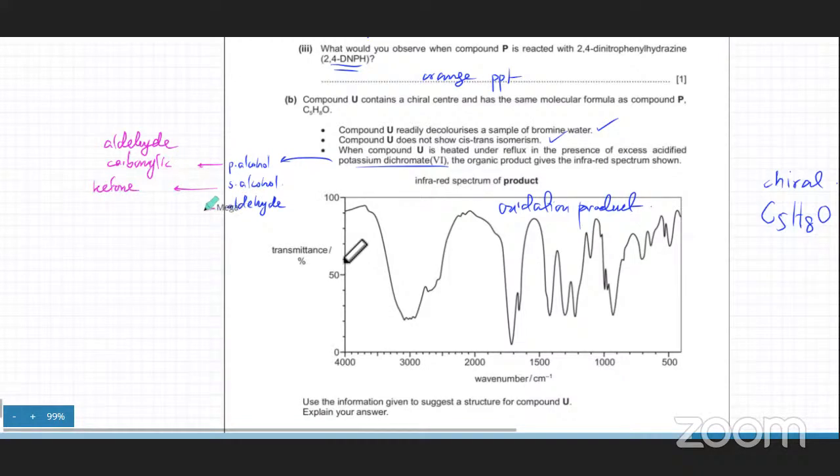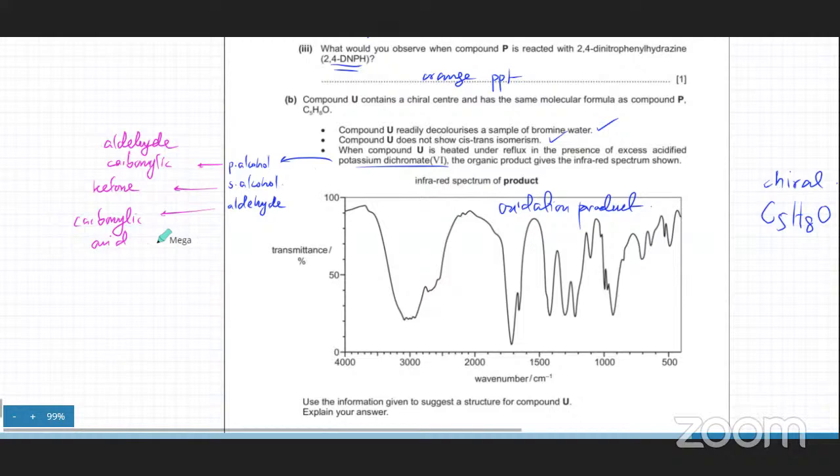And if it's an aldehyde, then it's going to be a carboxylic acid. So you need to figure out whose infrared spectrum this is. Is this an aldehyde, a carboxylic acid or a ketone? That would give you an idea of what type of organic product this is.